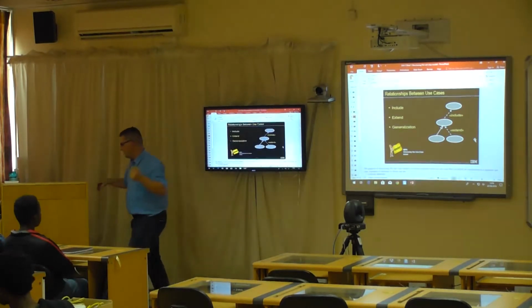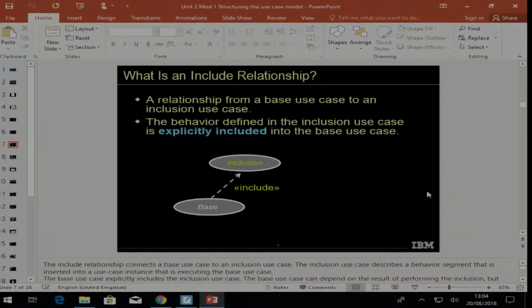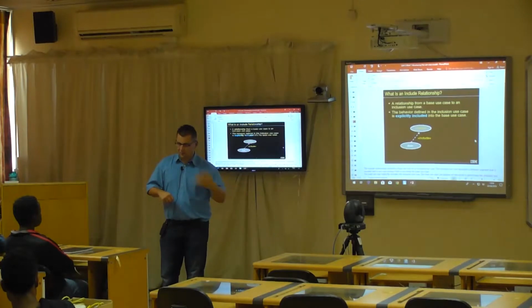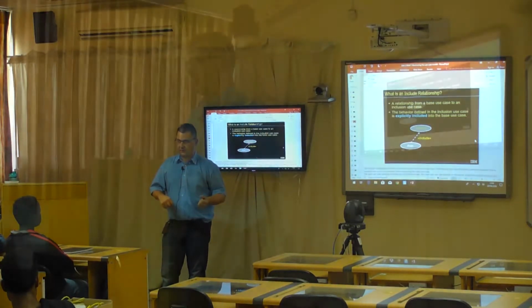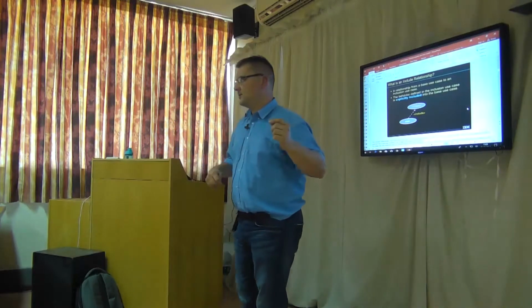Now, if we look at those quickly, an include use case looks like that. It means that we have a base use case, which is our main use case still, but at some point it's going to call on features which are in another use case. Okay. That is always going to happen. It doesn't mean that it's optional or anything like that. Now, what is the difference between this guy and an extend use case?